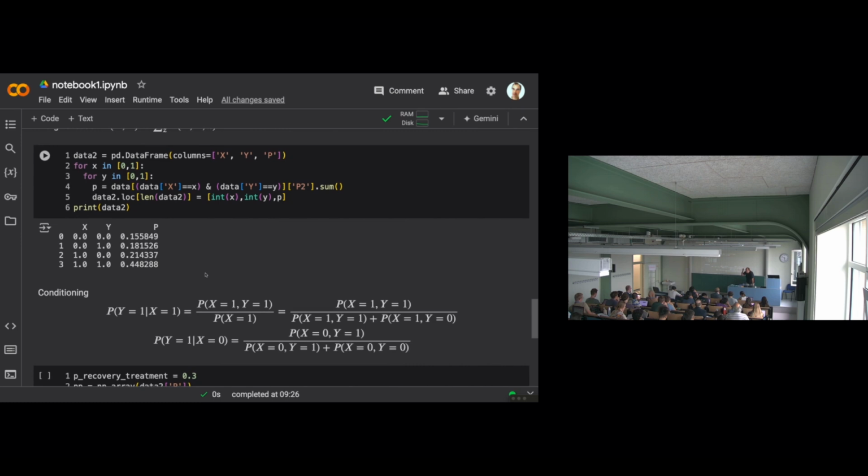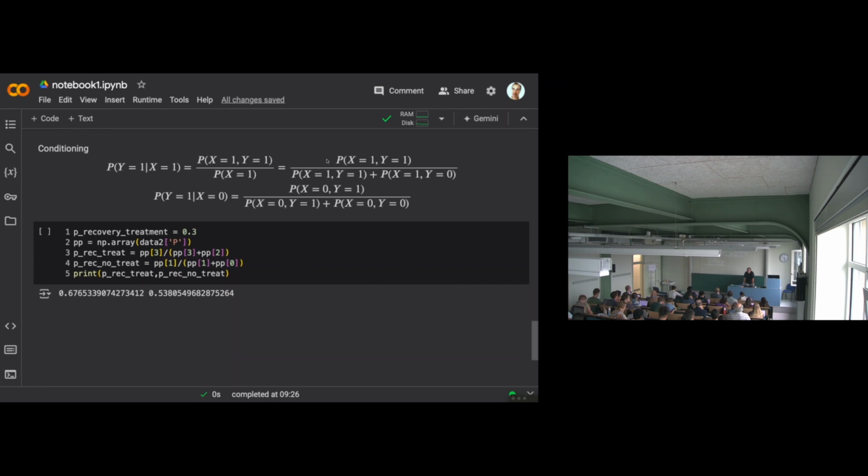Okay? And we can also do conditioning. I'm doing everything by hand. It's really by hand. This is just some function of a Pandas data frame. I'm just selecting the row of the data frame where X, which is the treatment, has this value, and where the recovery has this value, and then I'm summing out. So basically, I'm considering the 2 rows corresponding to gender, female and male, and summing the probability, for instance.